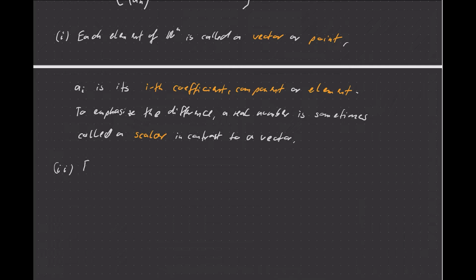So for a vector, call that vector a. Usually we just denote vectors by small Latin letters, and the components then through indices like this. So we have a vector a with elements a1 to an in R to the n.